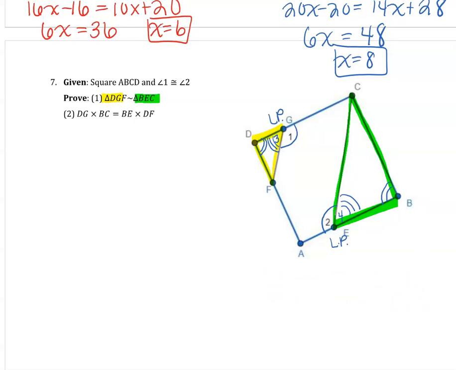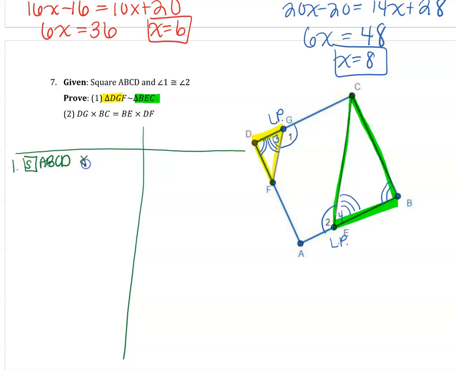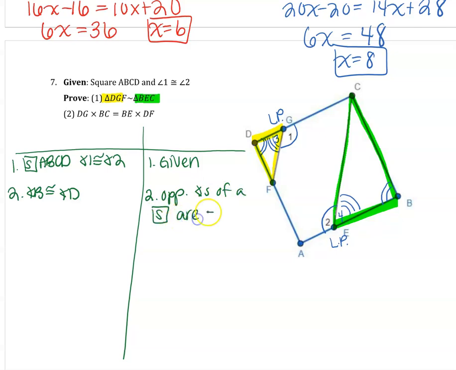All right, so here we go. All right, so at step 2, we're going to go ahead and say angle B is congruent to angle D because opposite angles of a square are congruent.